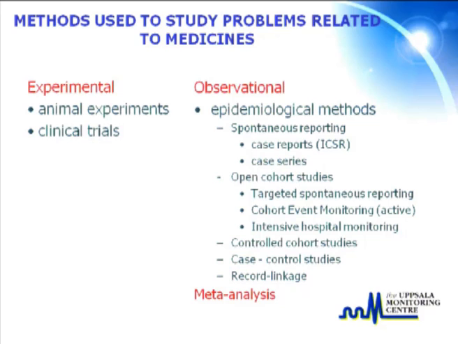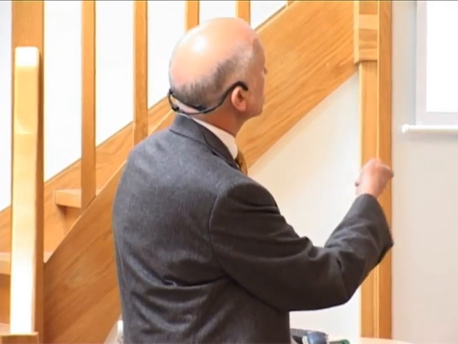And then we also have the meta-analysis, which is just a way of increasing the power of the studies. You can do that for clinical trials, you can do it for cohort studies and so on. If the individual studies that you have are too small, you can't see whether a risk is happening in 1 in 5,000.